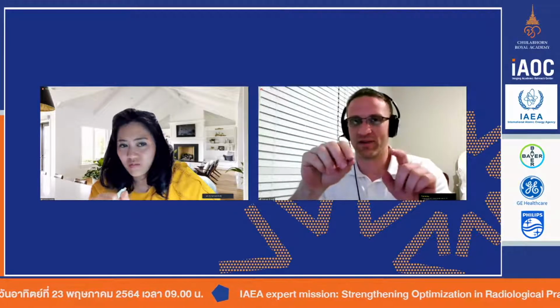And that may not be because the image quality is bad. It may not be because you're overdosing the patient. It may simply be because they used the Wu calculation or the Dance calculation or the Boone calculation. So ultimately, that's just what we're dealing with.